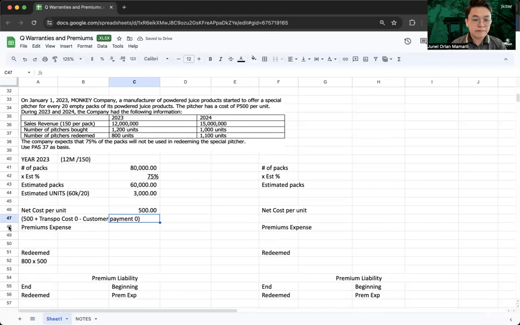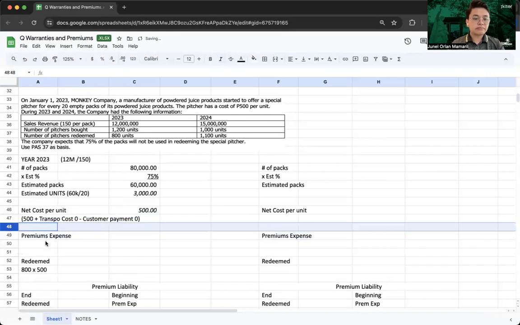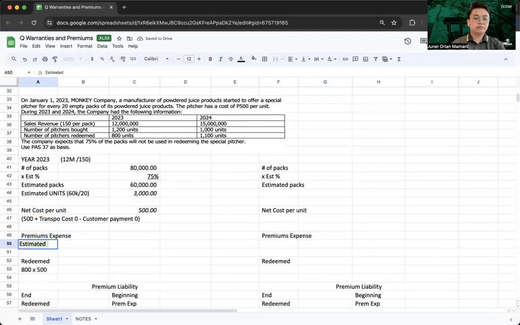And for the premium expense, that's basically this amount and this amount. So that would be the estimated unit times the net cost per unit. So that would be 3,000 times 500. So our premium expense is 1,500,000.